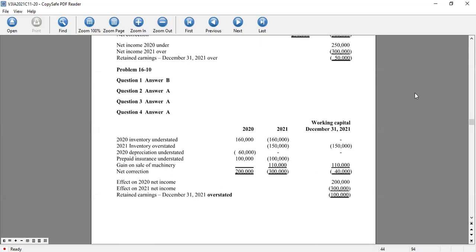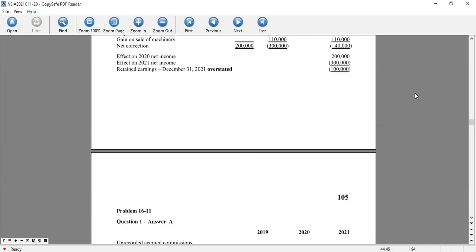And on working capital in number four, that's letter A, in the amount of 40,000.